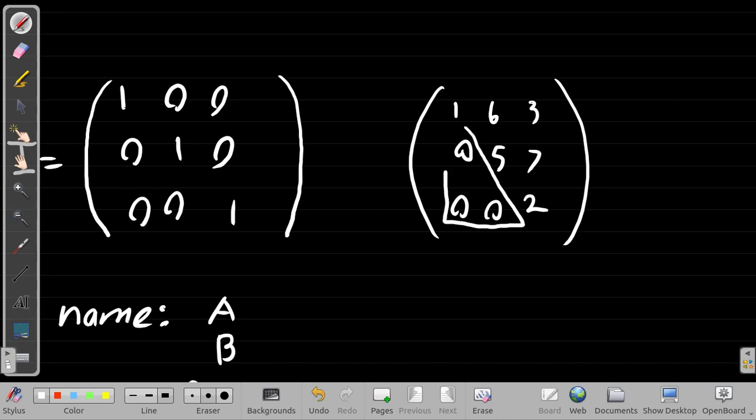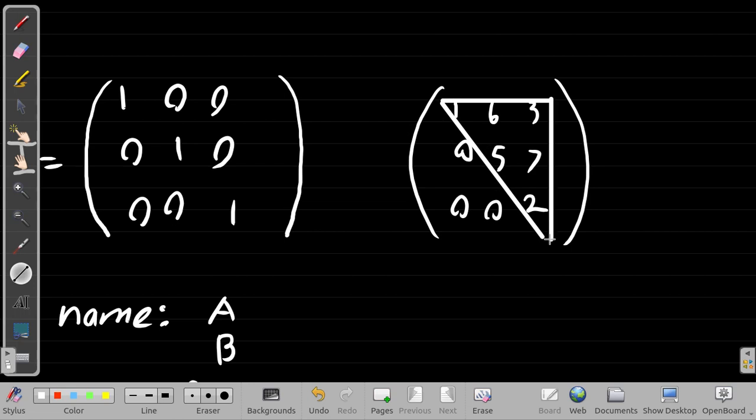You have zeros below the main diagonal. So you say this is what they call an upper triangular matrix. You call it the upper triangle, really. And then you see these elements here. So the upper triangle is really these. You see?